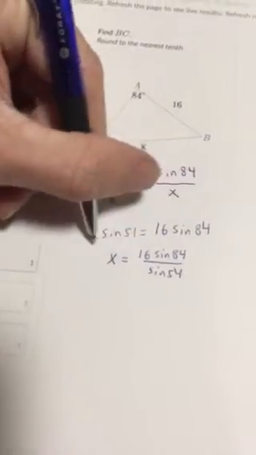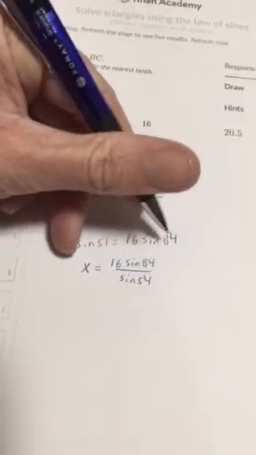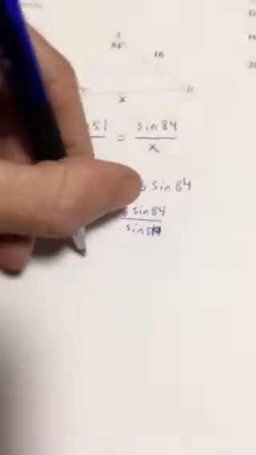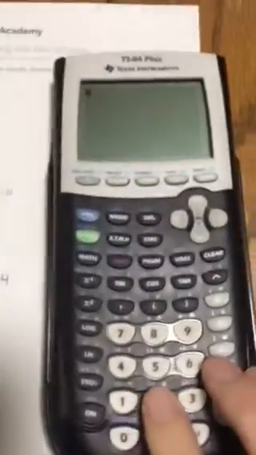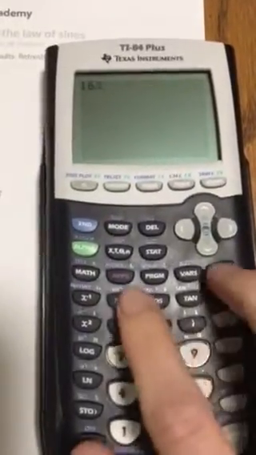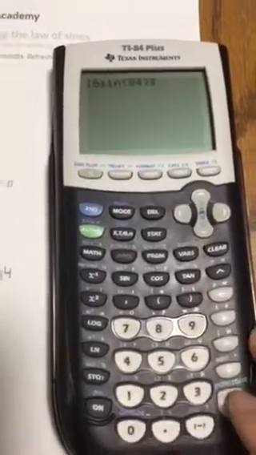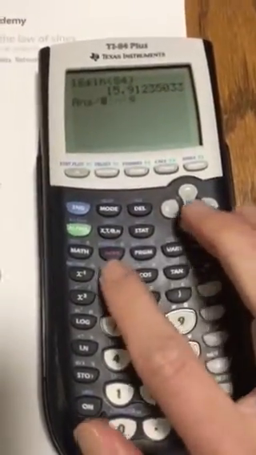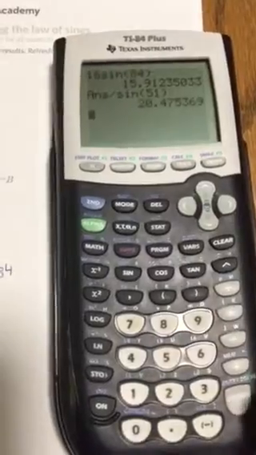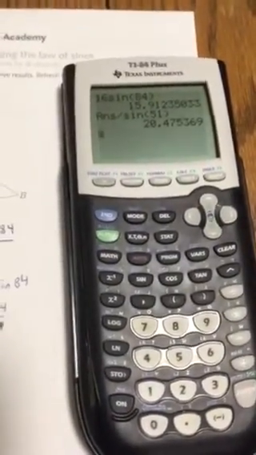That's how I isolated the x. I divided both sides by sine of 51, and I got x equals 16 sine 84 divided by sine 51. That's a 51, by the way. So x equals 16 sine 84 divided by sine 51, and I get 20.475 and so on.